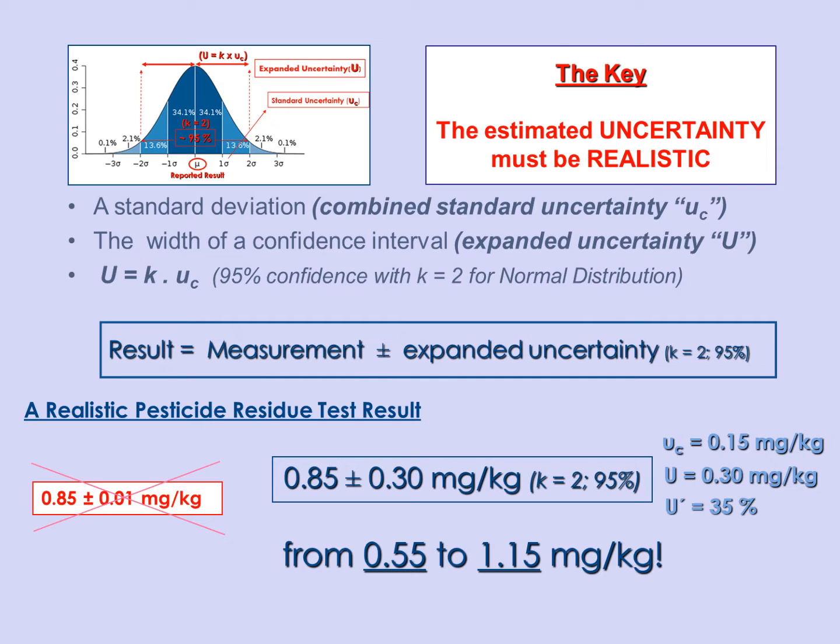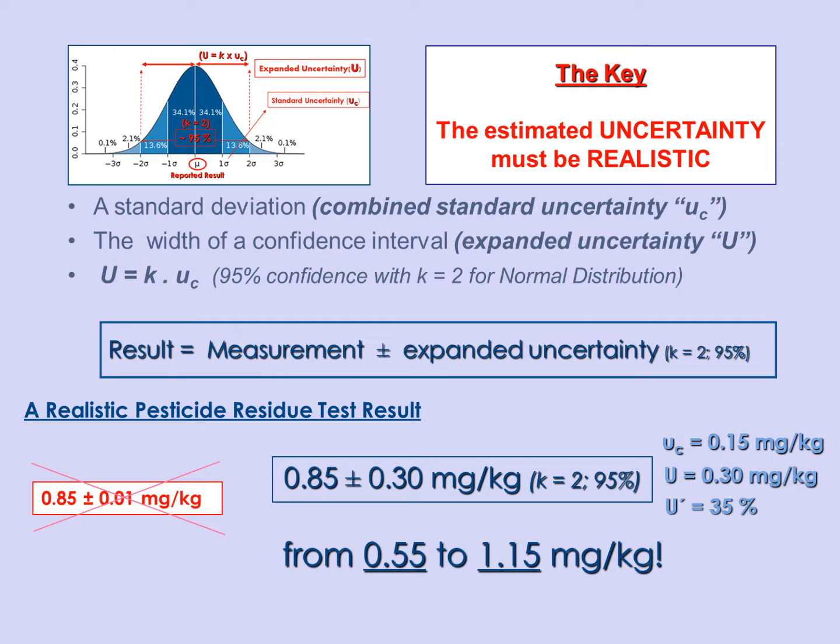In this example, the standard uncertainty is 0.15 milligrams per kilogram, and consequently, the expanded uncertainty is 0.30 milligrams per kilogram, with a coverage factor of 2 and 95% interval of confidence. And the relative expanded uncertainty is 35% approximately. These uncertainty values are quite realistic considering the characteristics of multi-residue methods for pesticide analysis.